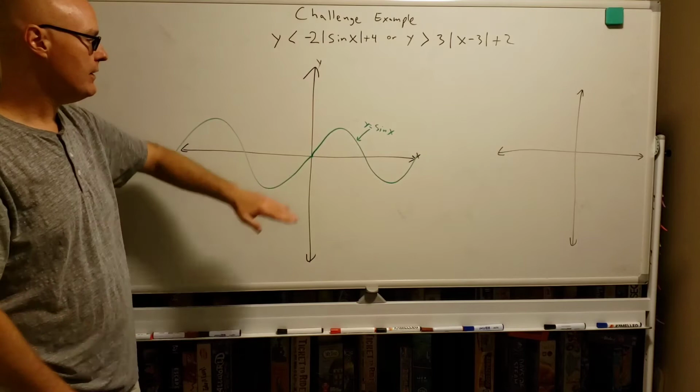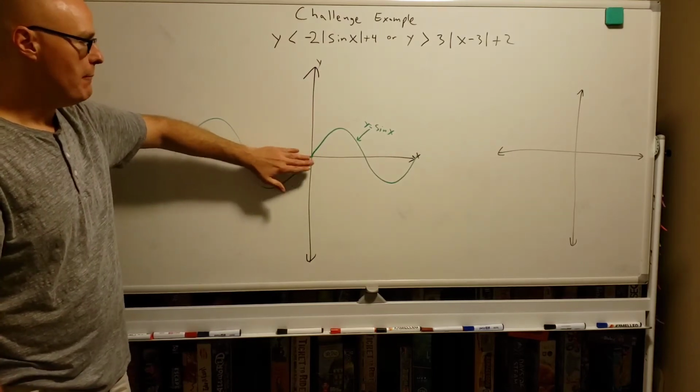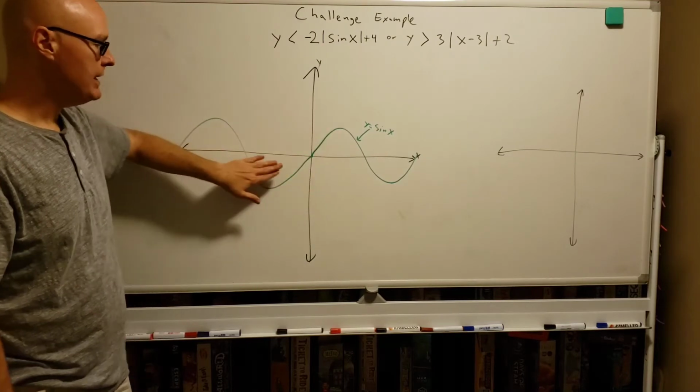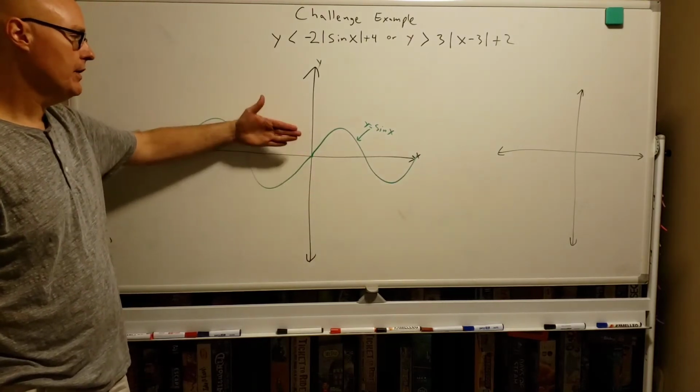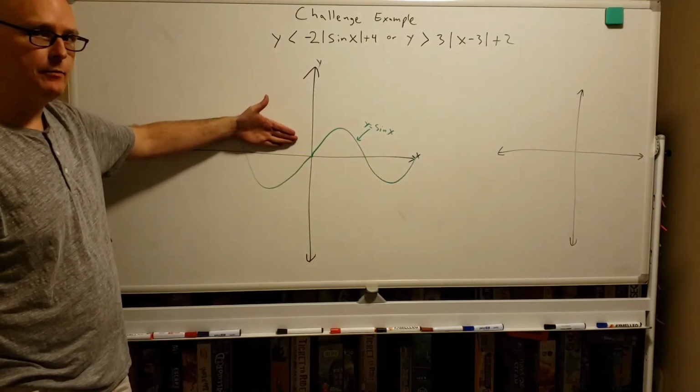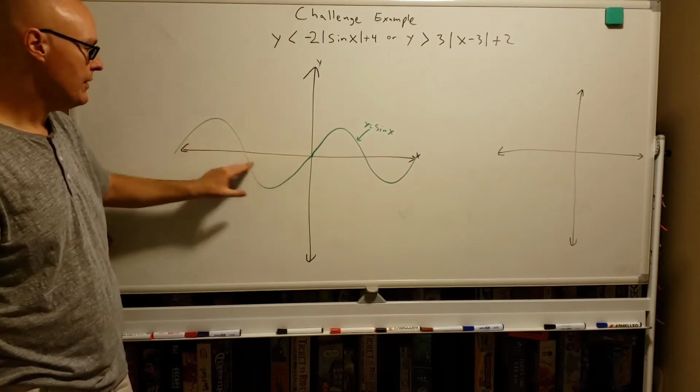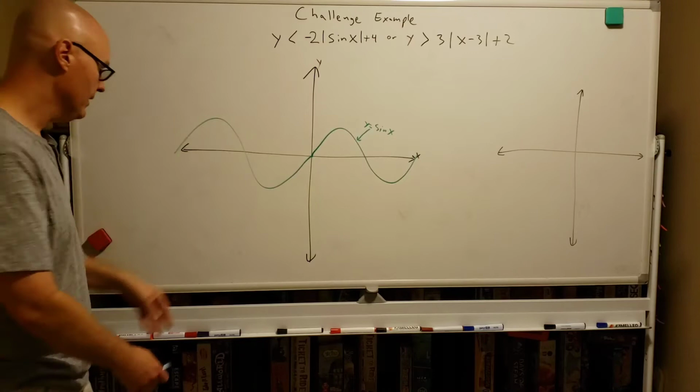Remember, the absolute value is going to be a magnitude only. So no change to the positive values, but the negative values are going to flip over the x-axis because I care about the magnitude, right? The magnitude is this quantity here, but up here.